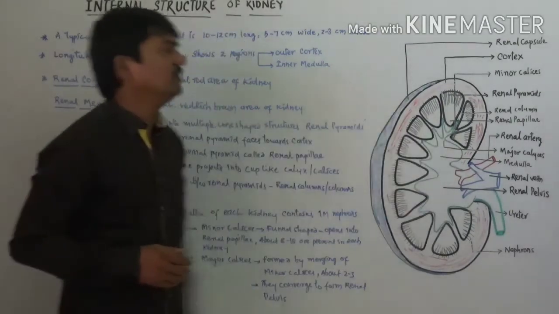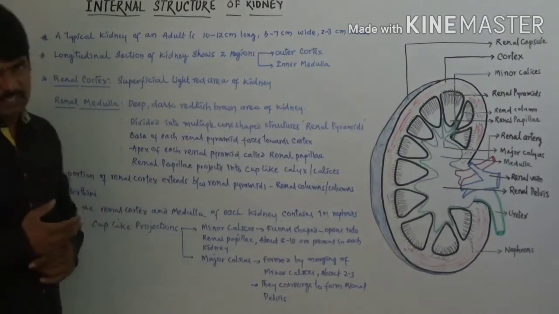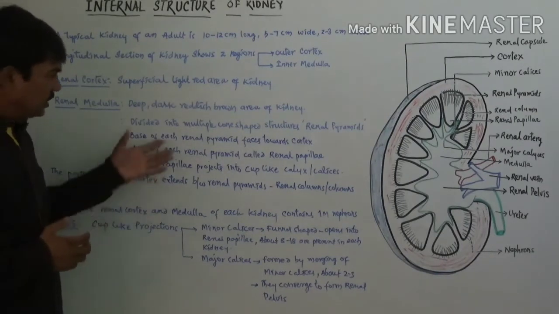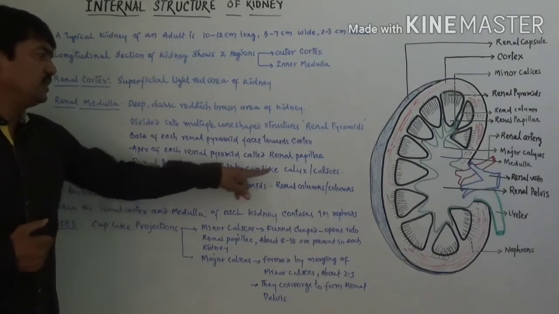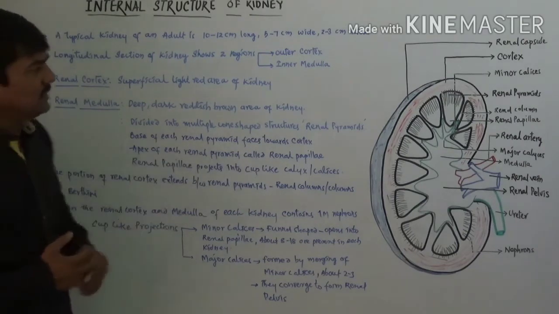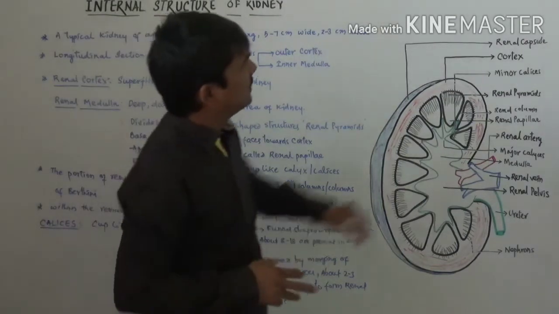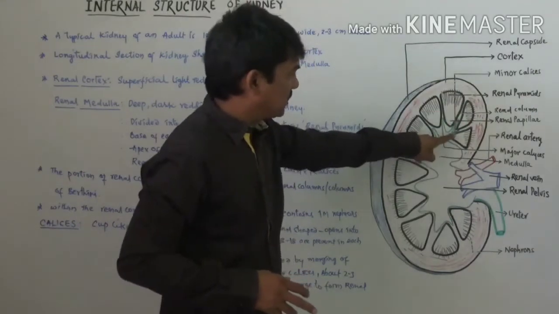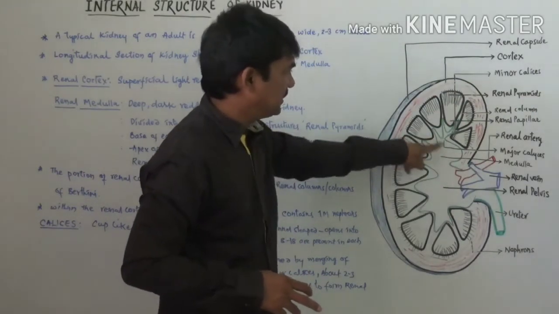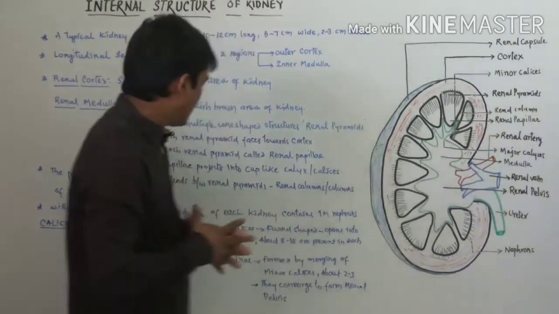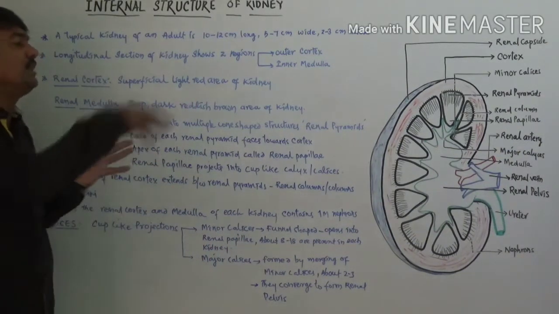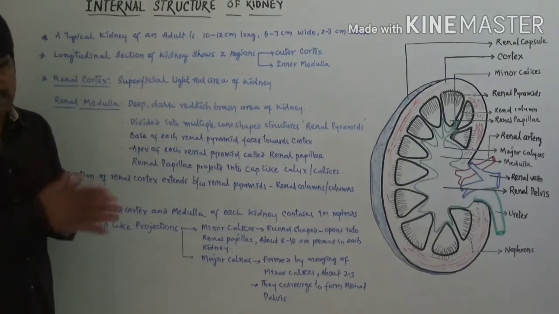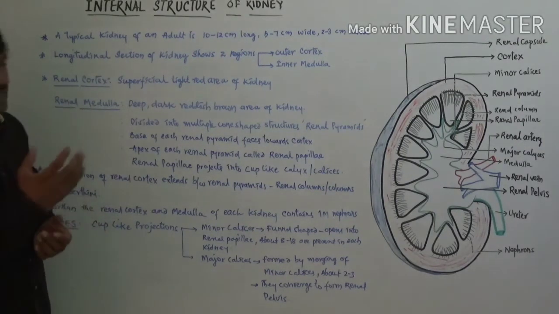The renal papillae project into cup-like structures called calyces. Here the cup-like structures are present, called renal calyces. They are formed by the renal papillae, and they are called renal calyx or renal calyces.